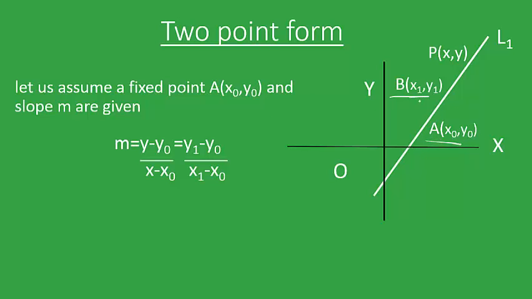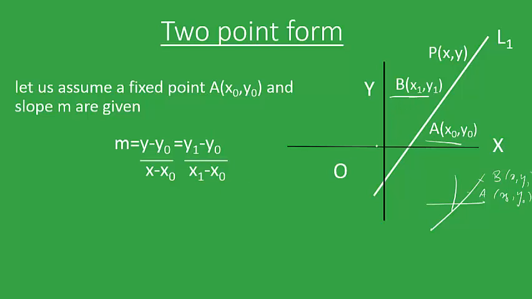So let's say on this line we have B (x1, y1) and A (x0, y0). You can easily calculate the slope by the formula of the slope: (y1 minus y0) upon (x1 minus x0). So we have the slope here and a point.